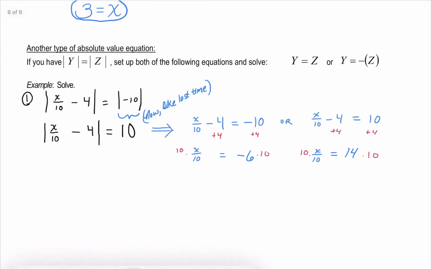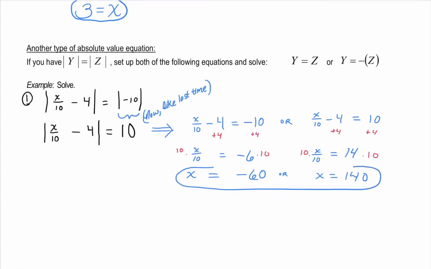And so we get our two solutions, x equals negative 60 or x equals 140. So be on the lookout for ones that are just absolute values that can actually be evaluated if it's all numbers.